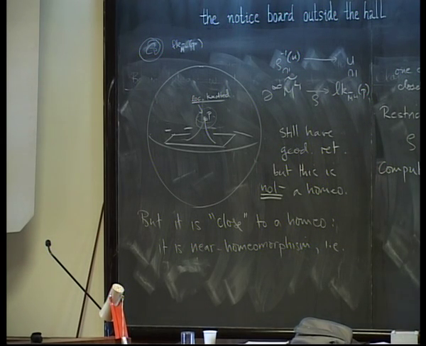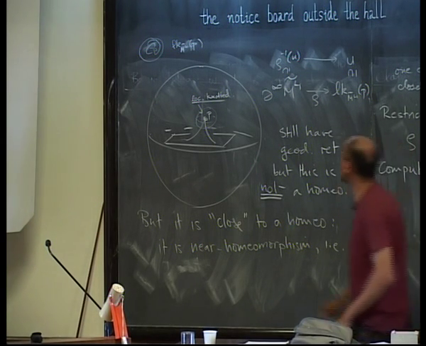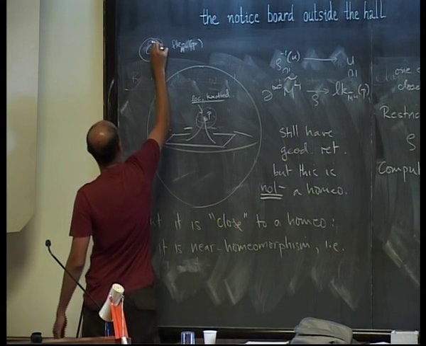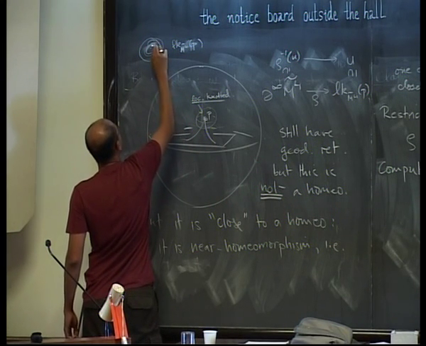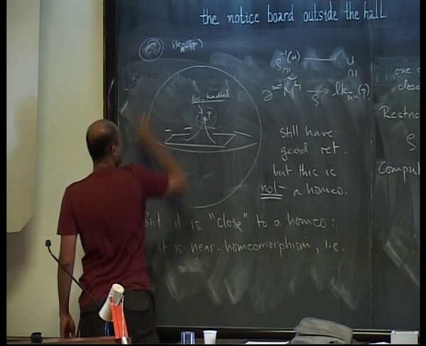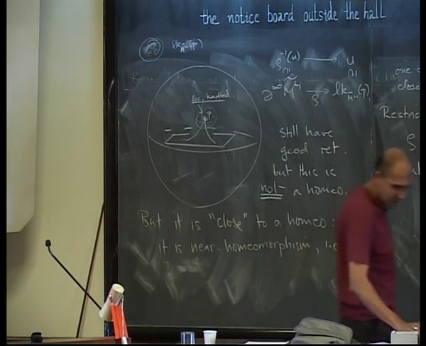And now what you can do is look at a tubular neighborhood of it. So you take a decomposition: you look at a little neighborhood of the knot.